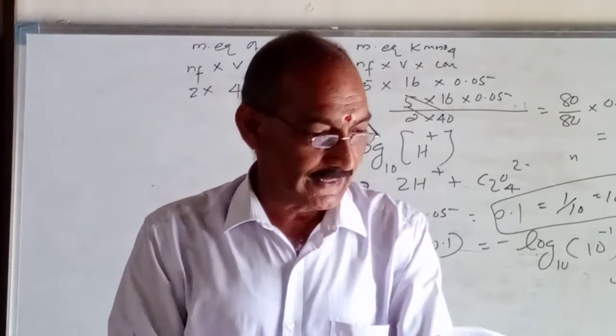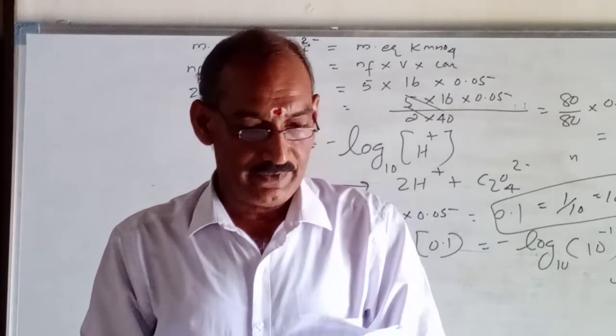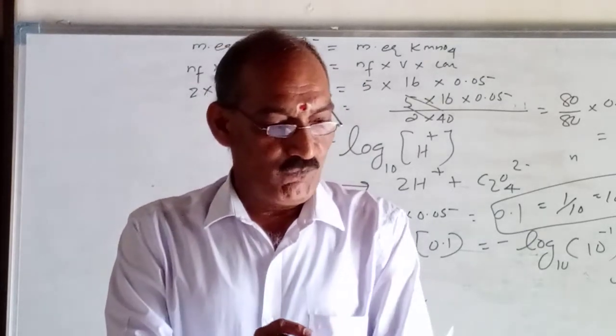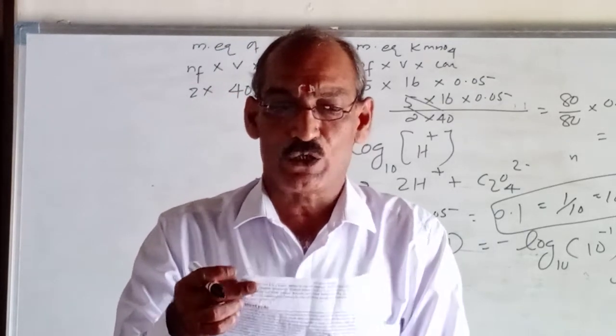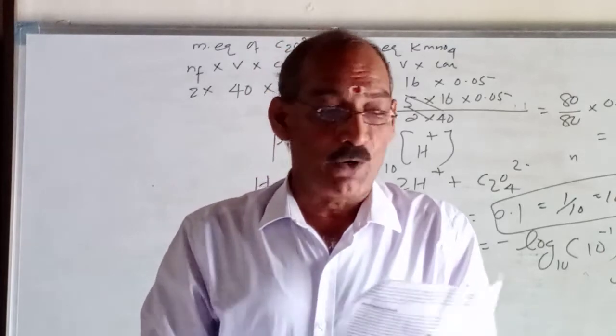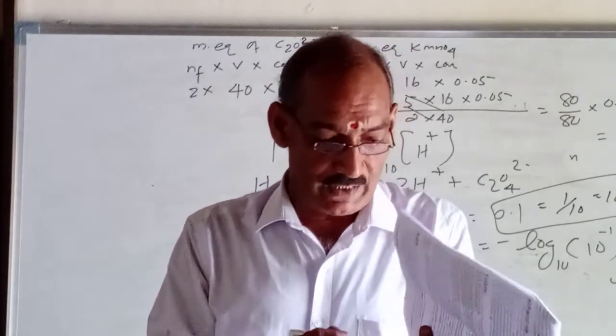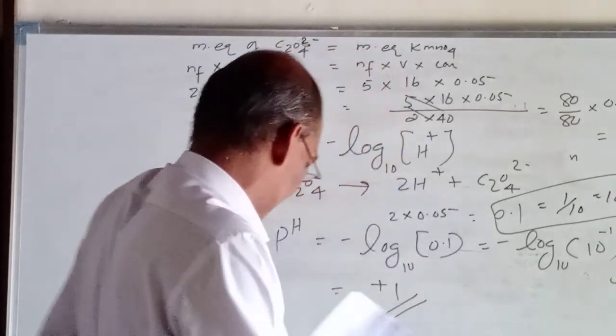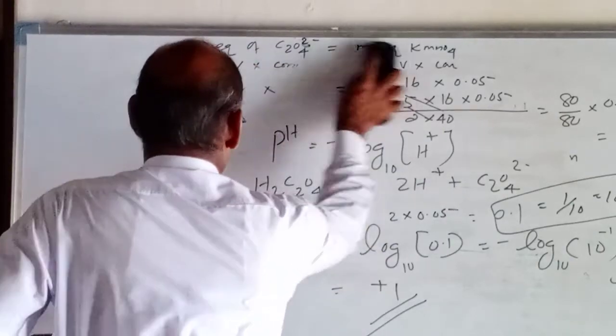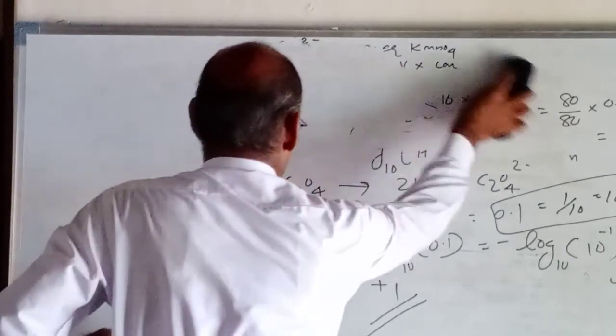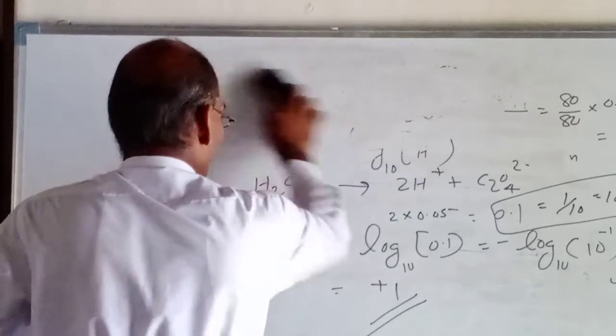Let us go to the second question. What is the percentage strength of 11.2 volume hydrogen peroxide? That is a brief question, we can write it on the board.